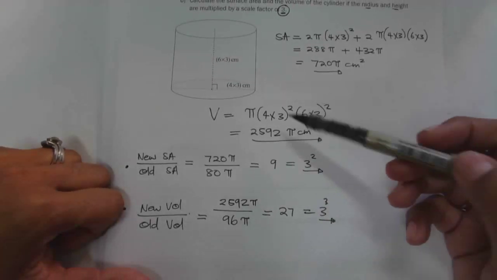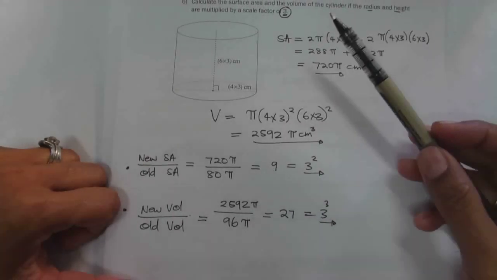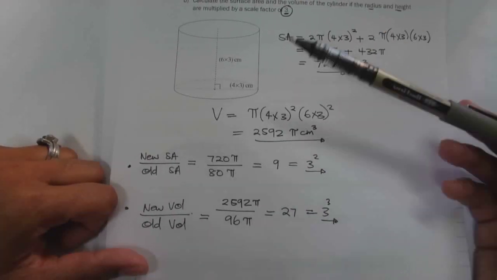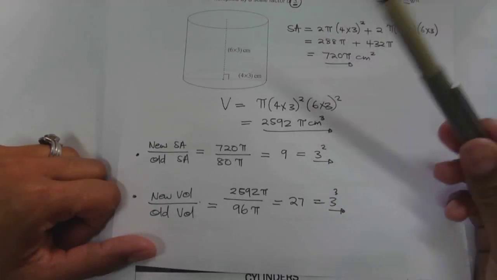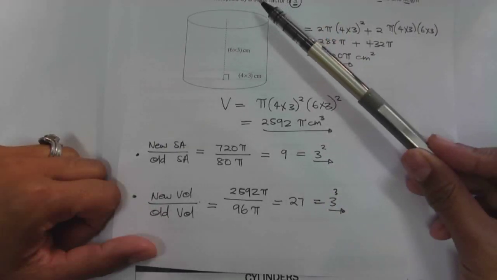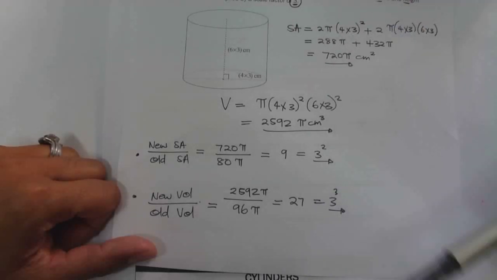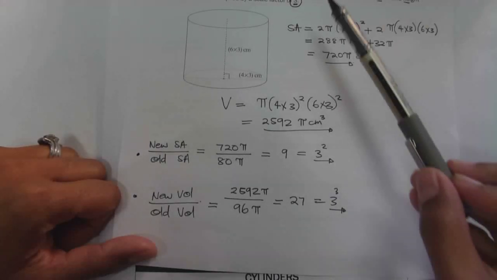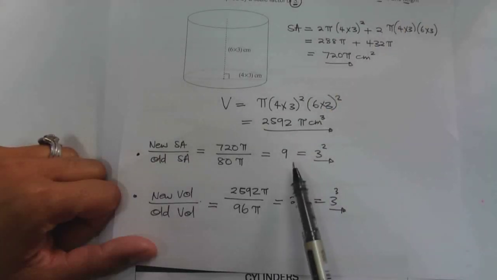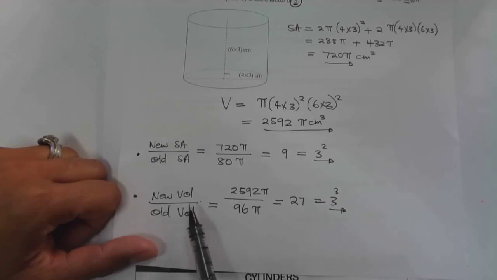So straight away we can already see the effect on the surface area and volume of the cylinder. If the radius and height change, the surface area is increased by k squared. There we go, k squared. If the radius and height change, the volume is increased by a factor of 3 cubed.